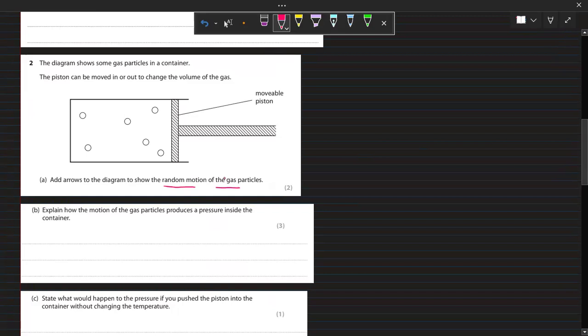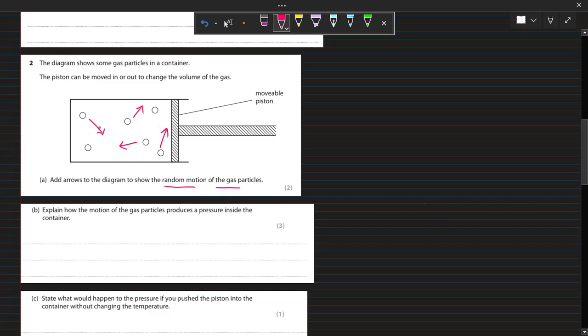So you can draw the arrows randomly, okay?